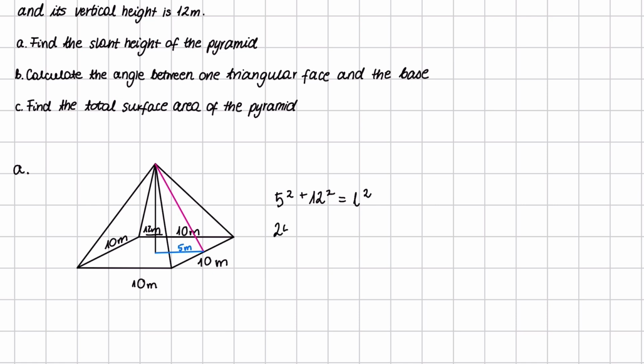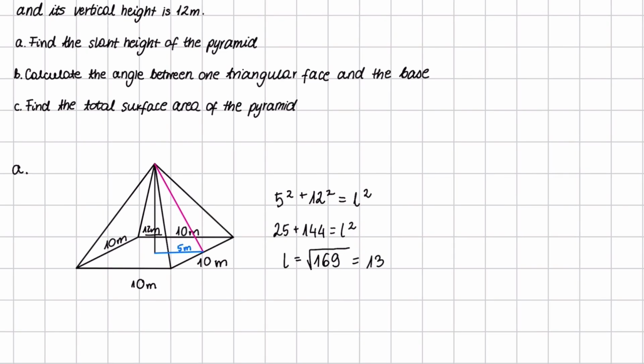So 25 plus 144 equals L squared. So L equals square root of 169, and this is just 13. And of course, meters.